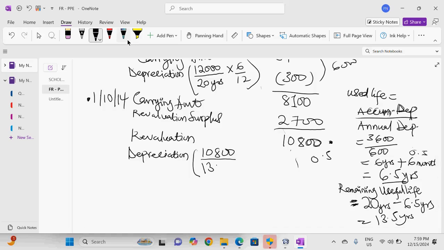So 13.5 years is the remaining useful life. So this depreciation, will it be a full year depreciation?